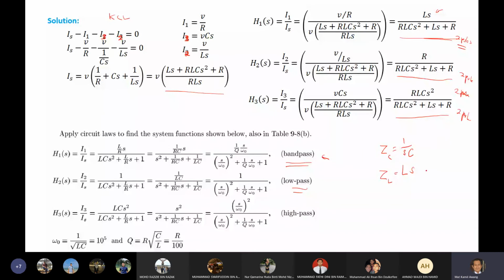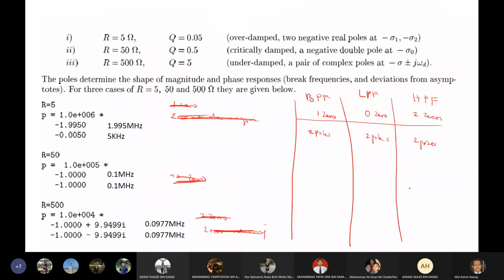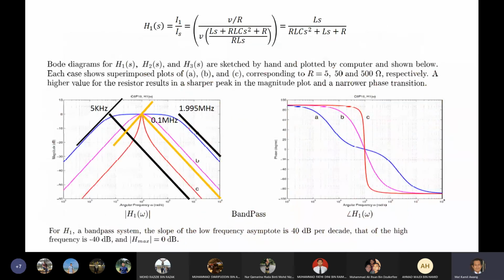This also you have 2 poles. These 2 poles are at 0.1 megahertz, both poles at that. This one, you have the poles at 0.0977 megahertz. And you can draw this.